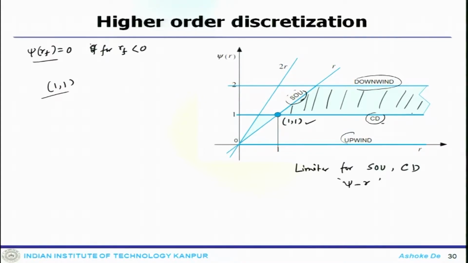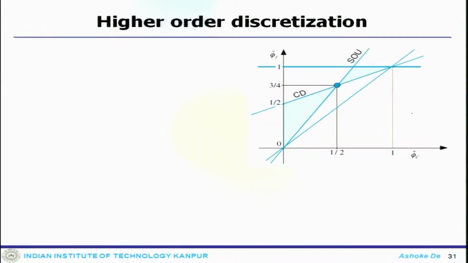And so, the corresponding region one can show in the NVD. So, if you look at, this is the region on the normalized variable diagram. Here we are trying to make a one-to-one correspondence between the NVD and the psi r diagram, because the psi r diagram is going to get you the different classes or variants of TVD scheme.